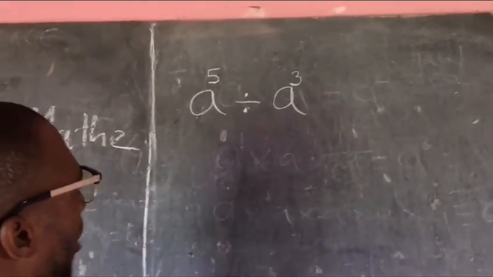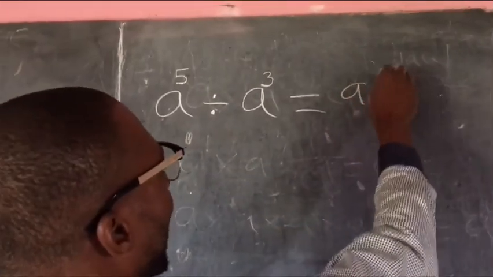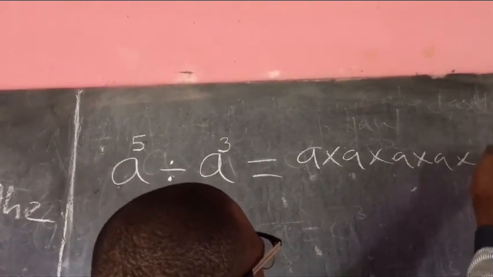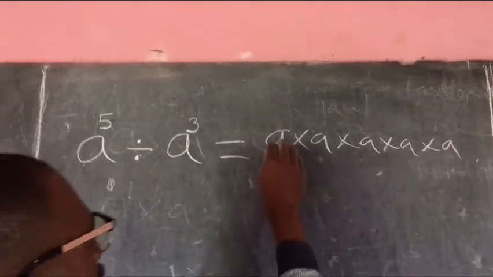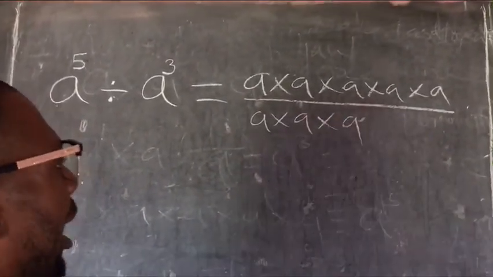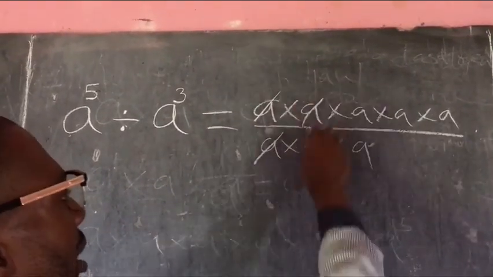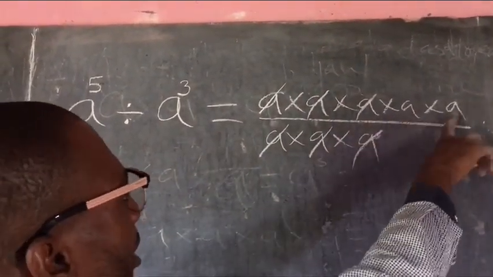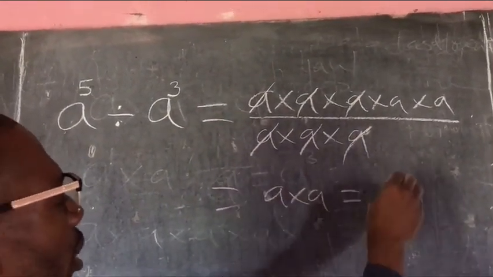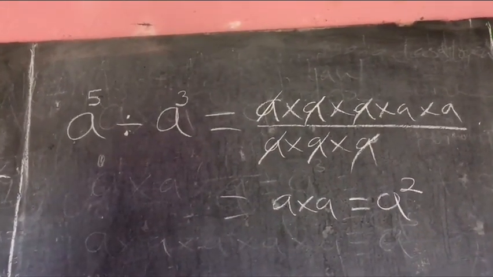If we do our simple algebra, we say a times a times a times a times a over a times a times a. So this will cancel this, they will cancel out, and I will get this remain. So I get a times a, and then a raised to power 2. Now my final answer is that.